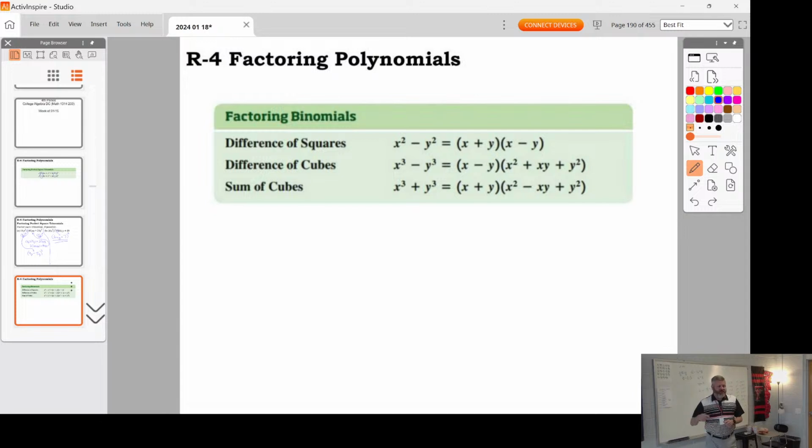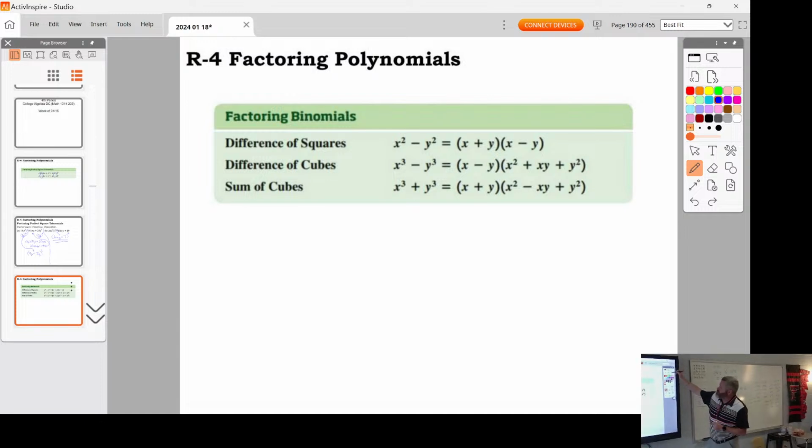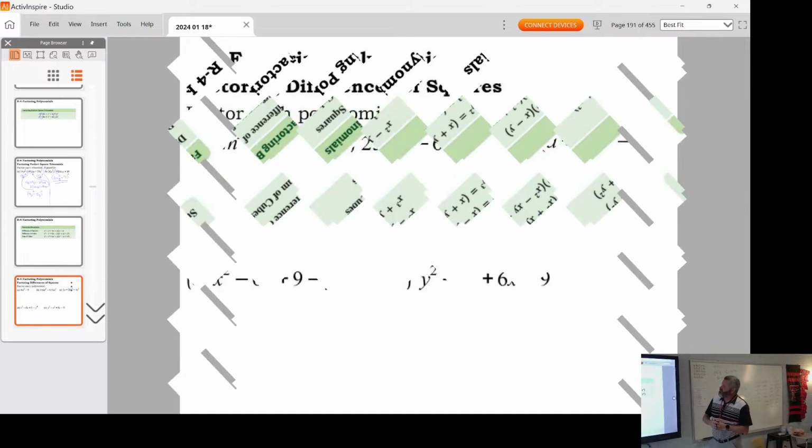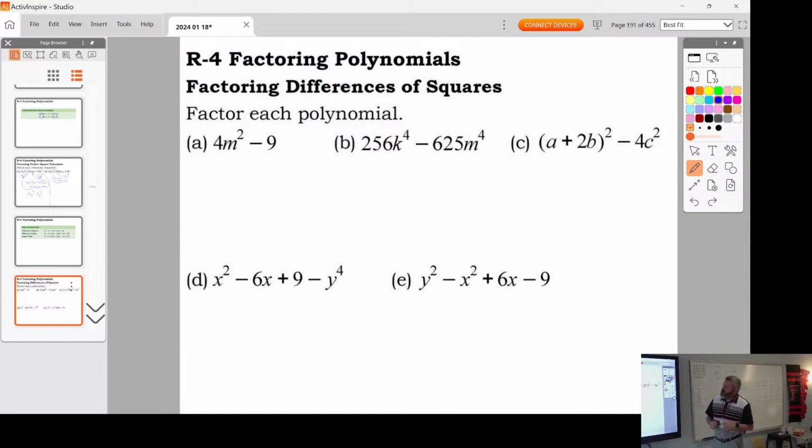You should know these. I want to say that last semester we used A's and B's here instead of X's and Y's. Maybe M's and N's. I don't know. But it's still sums and difference of squares, sums and difference of cubes, sums of squares. Difference of squares. Four m squared minus 9.